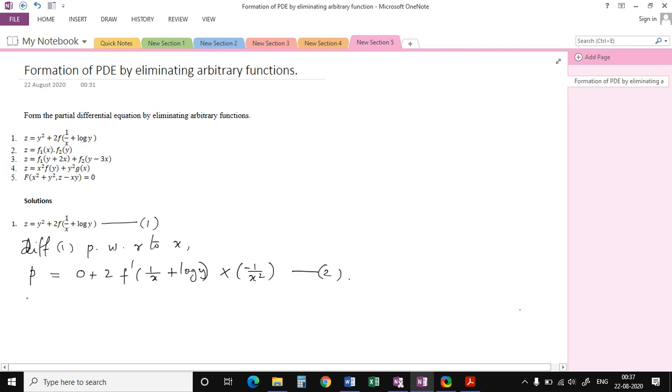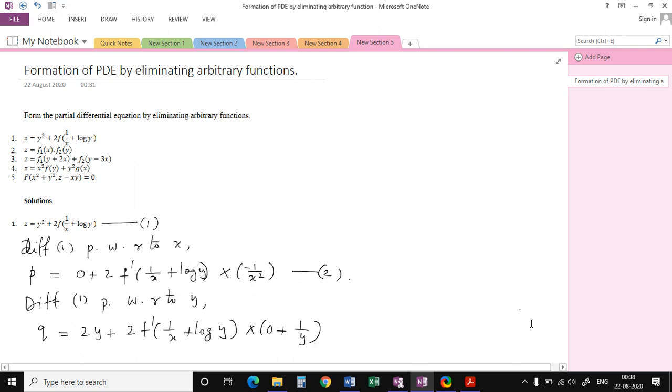Now we differentiate equation number 1 partially with respect to y. Here we will get dou z by dou y on the left hand side. So we can write it as q. q is equal to derivative of y square is 2y plus derivative of 2f is 2f dash of 1 by x plus log y. Now derivative of 1 by x plus log y, that is 1 by x is 0 plus log y is 1 by y.